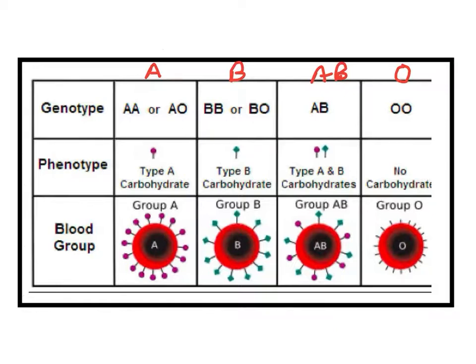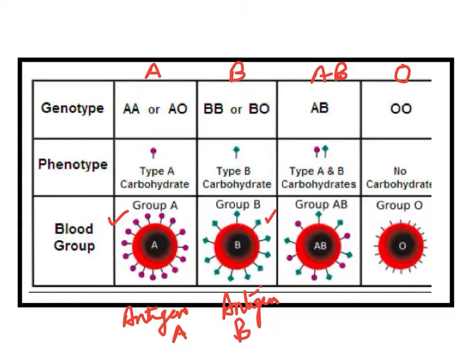Now coming to the A blood group बेटा, A ब्लड ग्रुप में RBC के सरफेस पे A एंटीजन एक्सप्रेस होते हैं. So antigen A, or I can say A type sugar, is expressed on the surface of RBC. ठीक है? While in the B blood group, B sugar is expressed on the surface, or we can say antigen B is expressed.